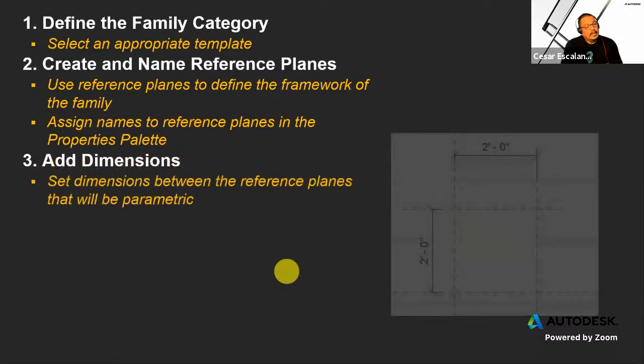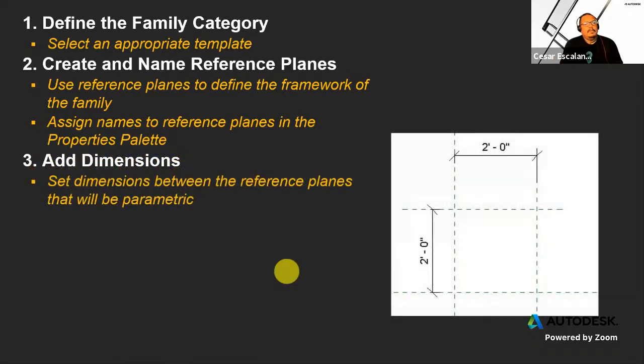After creating the skeleton, and again, a lot of this process is the response to the question, what is the purpose of the family? If the purpose of the family is just to have a single representation, maybe you don't need to spend a lot of time thinking or engineering it.